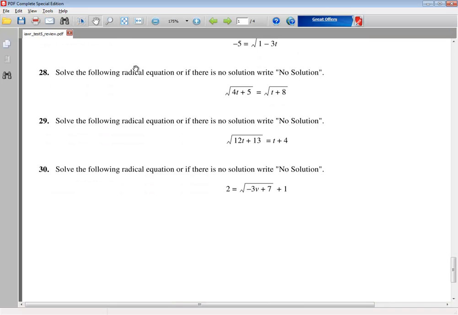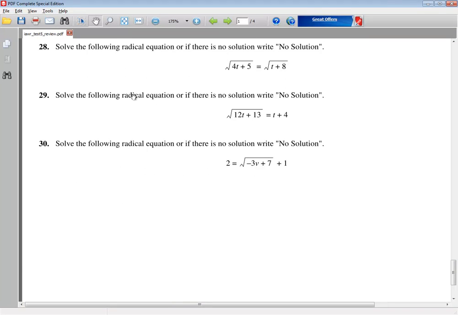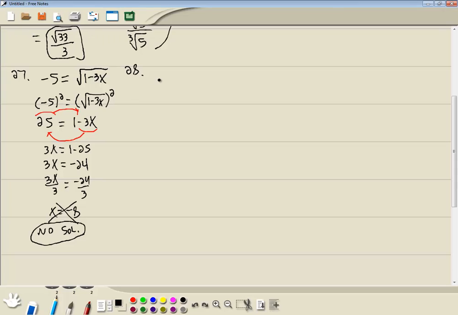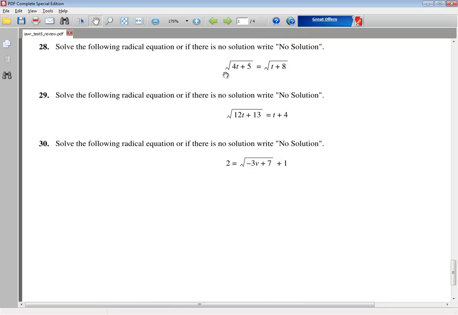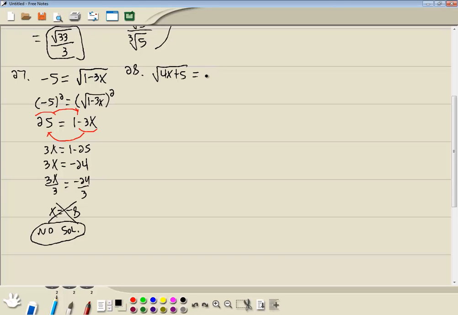28. We got square root of 4x plus 5 equals square root of x plus 8. Okay, well, our steps for solving a radical equation. First step is to get a radical by itself. That's done.